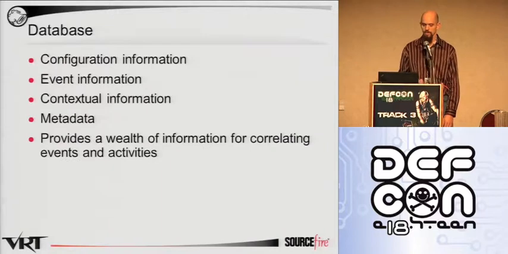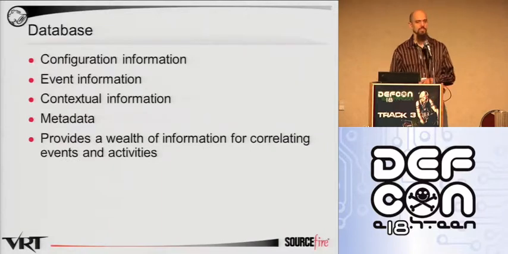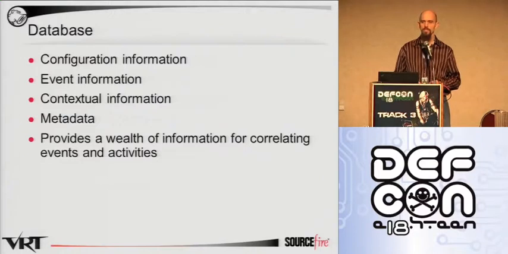Okay, it's database driven. A lot of the data that's in there is kind of what you would expect. It has configuration information, of course, the different types of metadata, so you can keep track of not only what data is in there and event data, but also kind of why. There's information in there as simple as DNS queries.